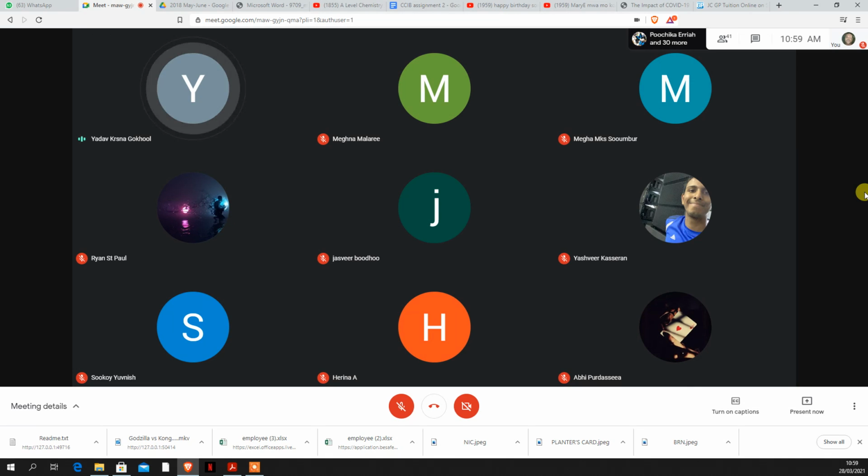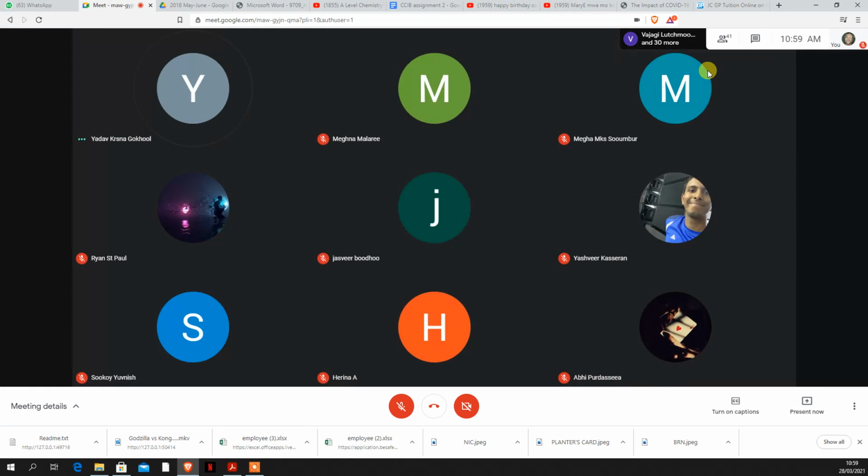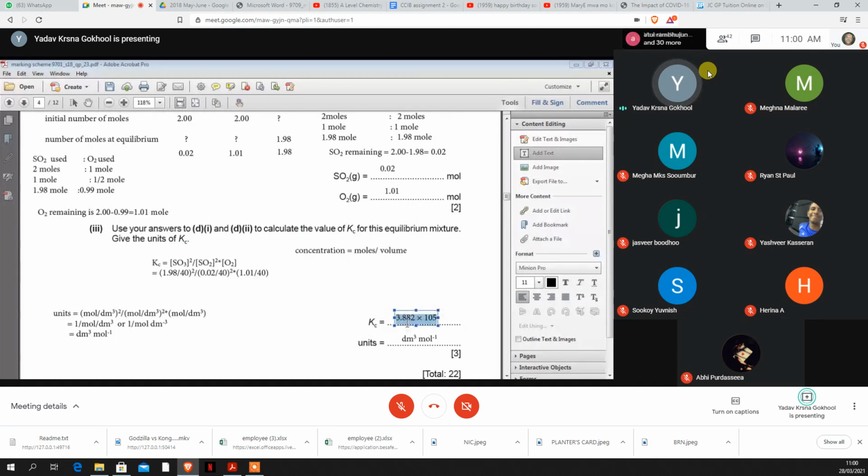Okay, so the value is coming to 3.882 times 10 to the power of 5 as per the marking scheme.